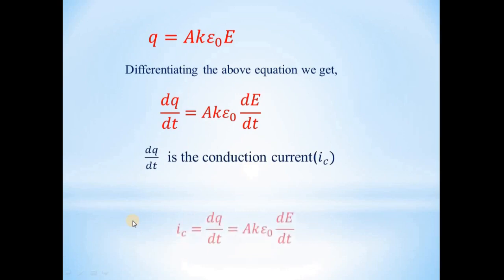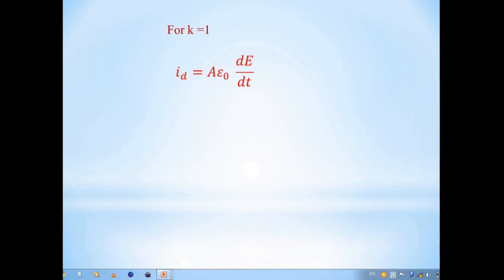Therefore, the above equation becomes IC = dq/dt = A k epsilon 0 dE/dt. Therefore, dE/dt = IC/(A k epsilon 0). Rearranging the above equation, we get dE/dt = IC/A. Thus the displacement current is equal to A epsilon 0 dE/dt.